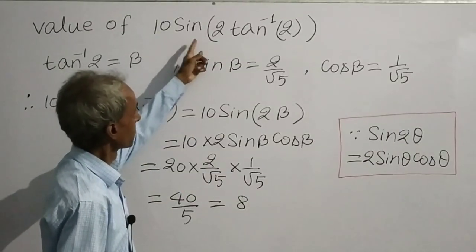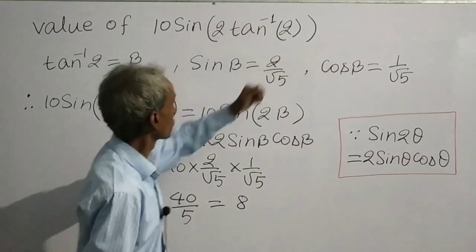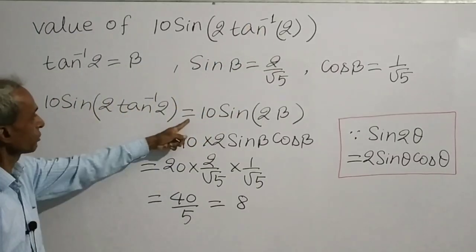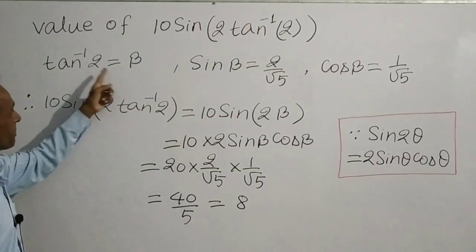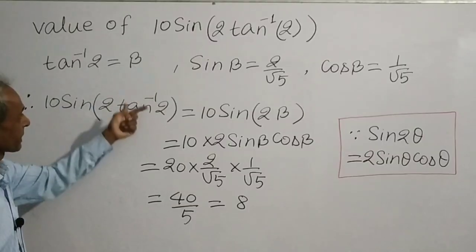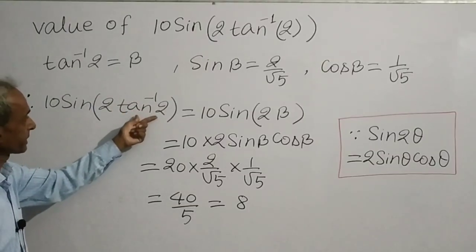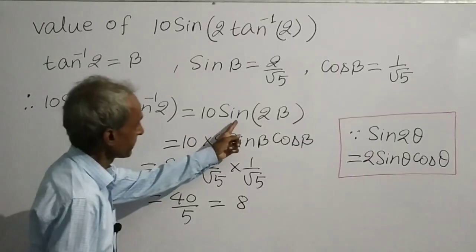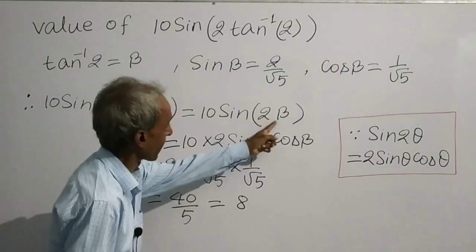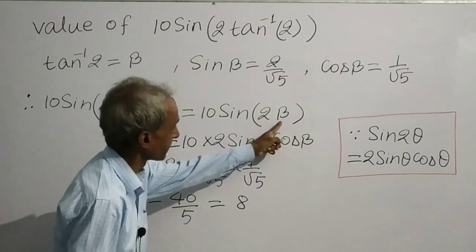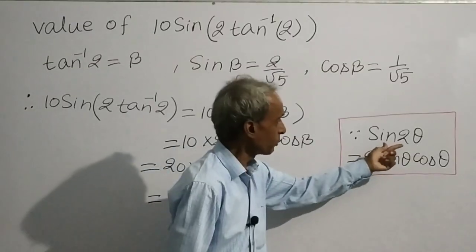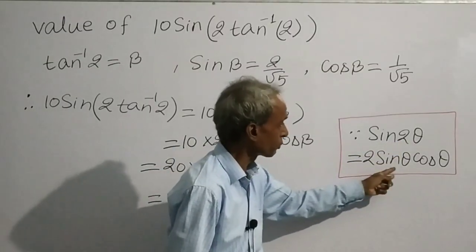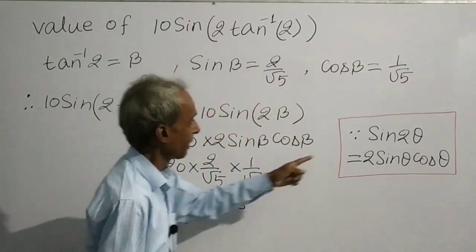Sin 2 tan inverse 2: tan inverse 2 is equal to beta. Therefore in place of this tan inverse 2 we write beta. Then this is sin 2 beta. This is the formula: sin 2 theta is equal to 2 sin theta cos theta.